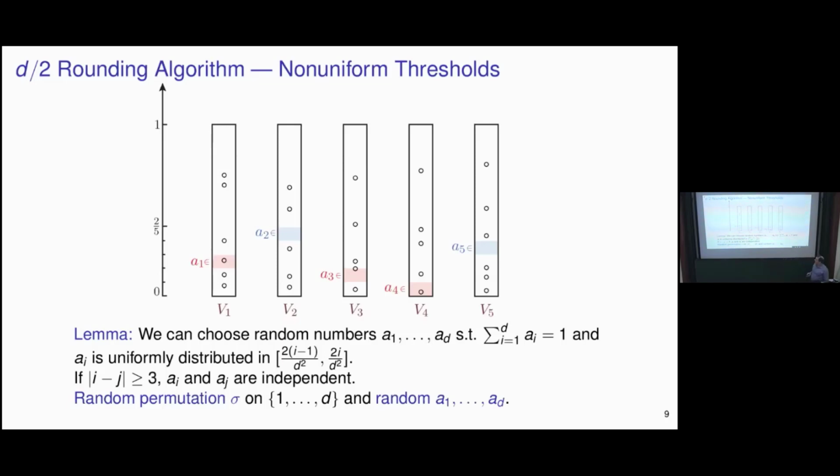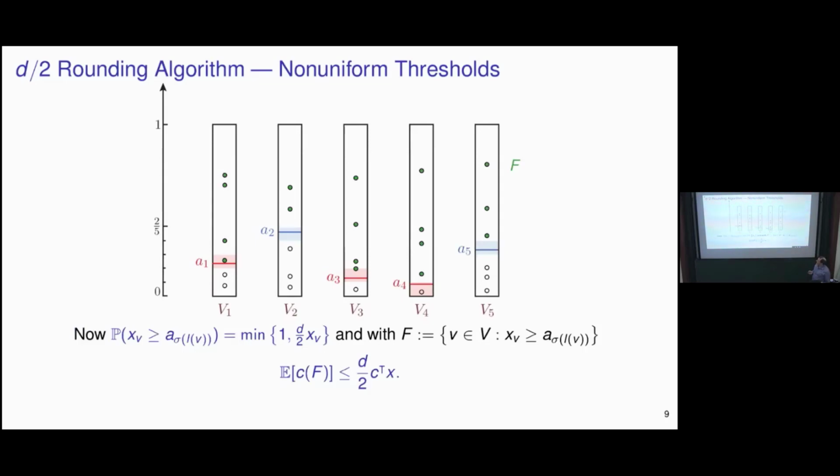And when you do that, you can now prove that the probability that the variable value is above the threshold of its level, so the sigma is just the random perturbation that we have, then this probability is the minimum of 1 and d over 2 times x_v.